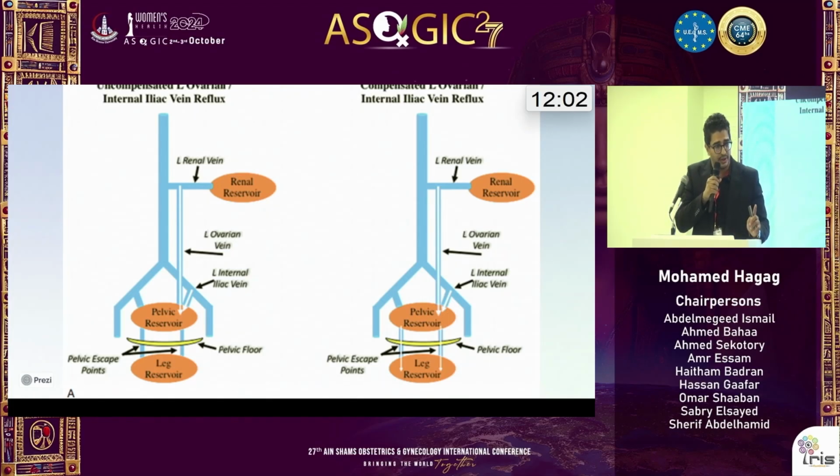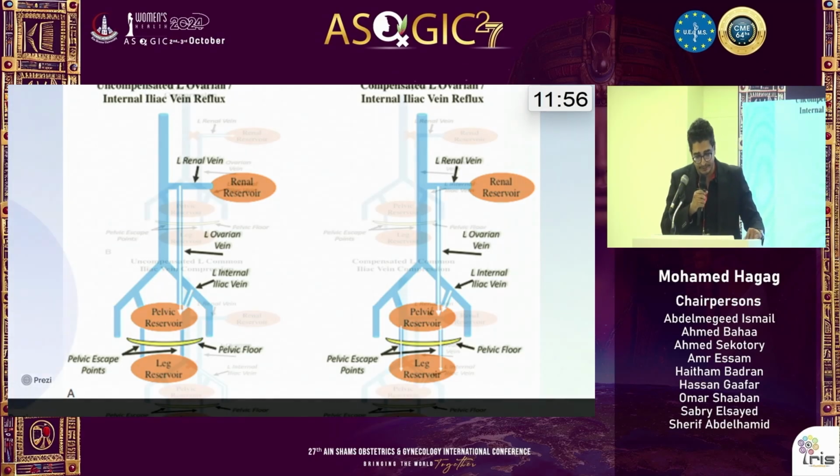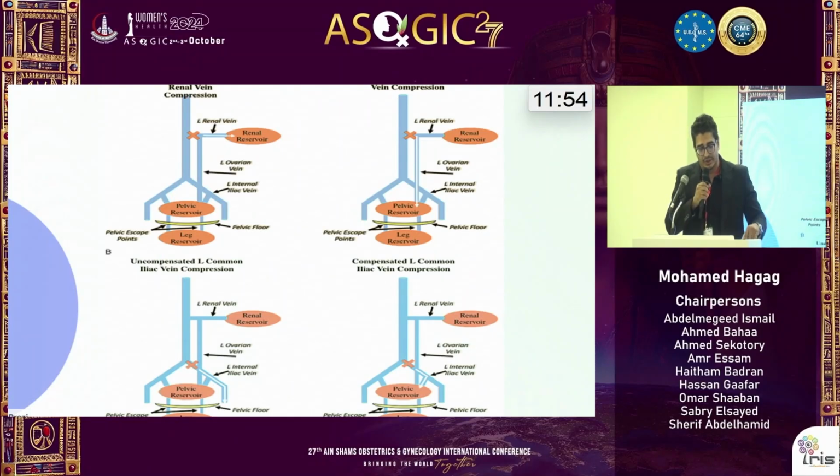One could have left loin pain and the other could have lower leg pain according to pelvic leak points. Another example is patients who have non-thrombotic left renal vein occlusion, the old name Nutcracker syndrome, who could have pressure transmitted directly through the left ovarian vein into the pelvic floor and even into the lower limb.